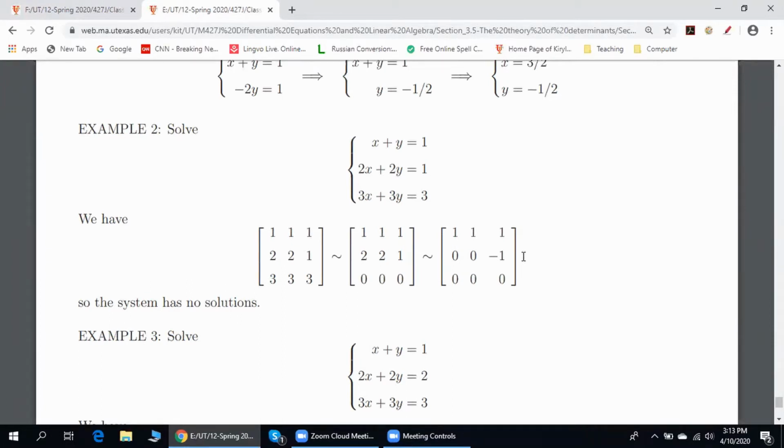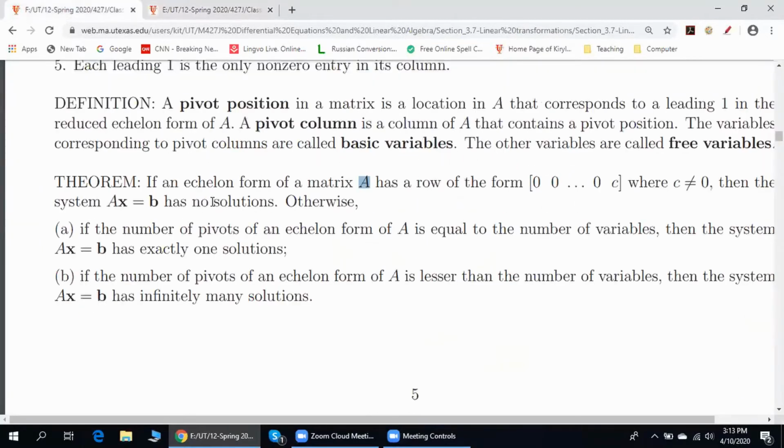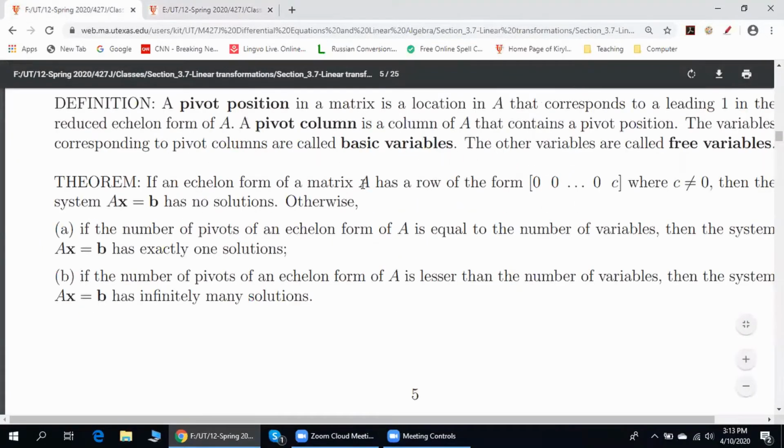Other questions? So whenever we have a system of equations, we represent it as an augmented matrix, right? Yes. So in other words, this is a misprint. I will correct it. So if an echelon form of a matrix A, B, and by the way, same here, we can put here AB and here AB. Okay.